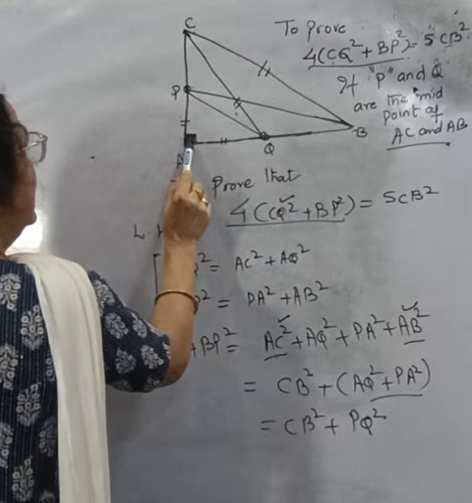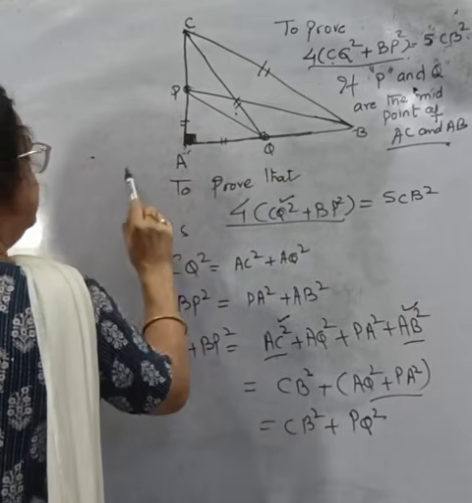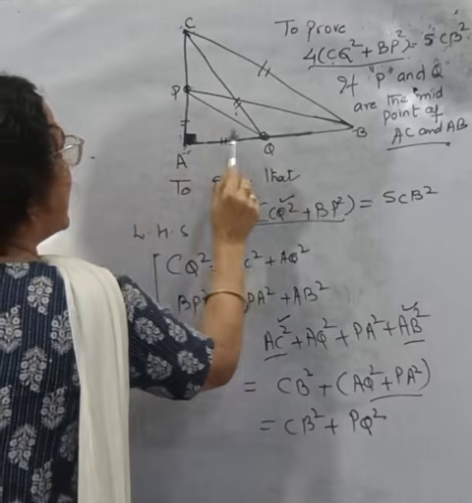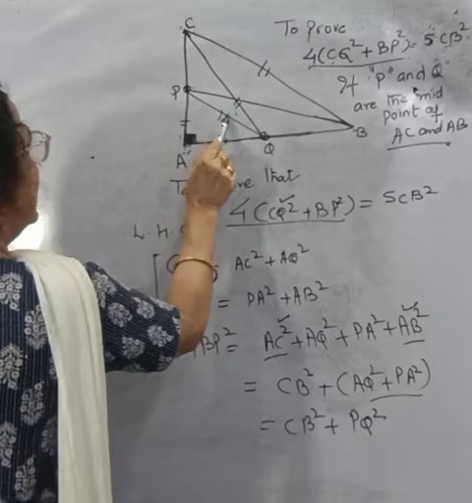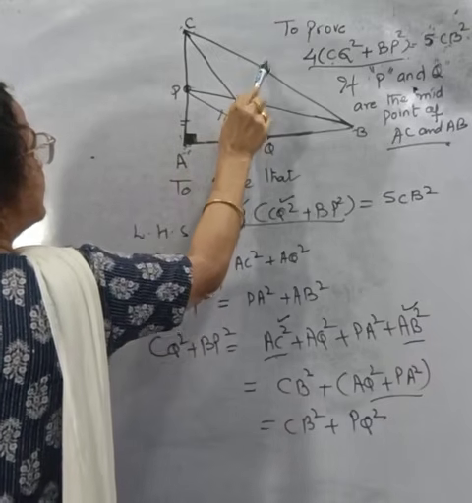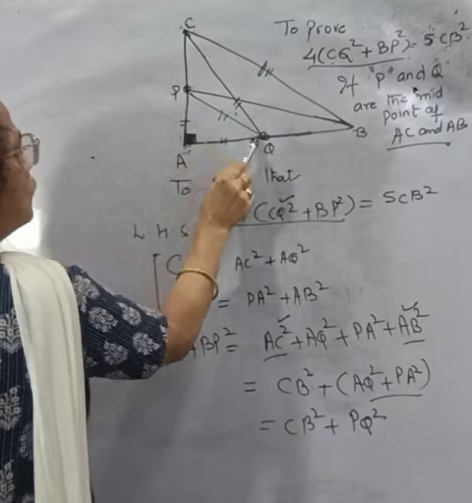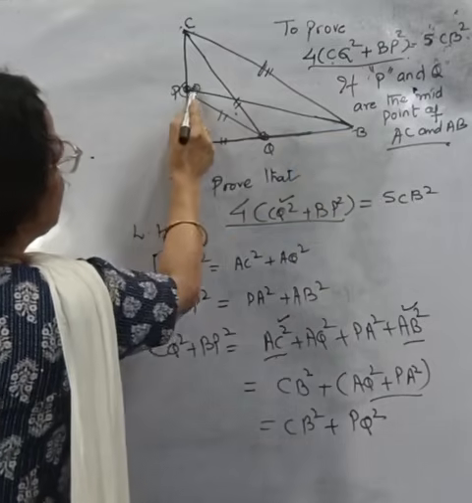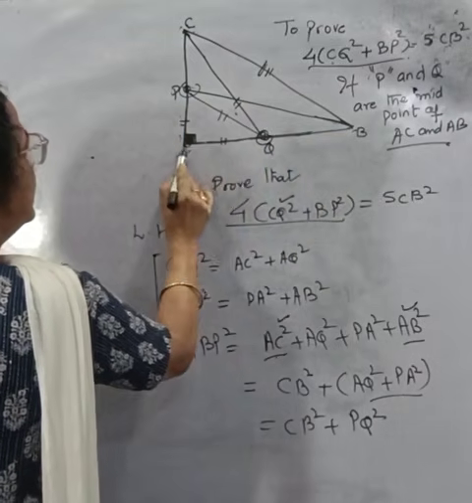PA, 90 degrees common. This is half of this, and this is half of this, so the diagonal will be half of the other diagonal. PQ will be half, because we are given that they are the midpoints.